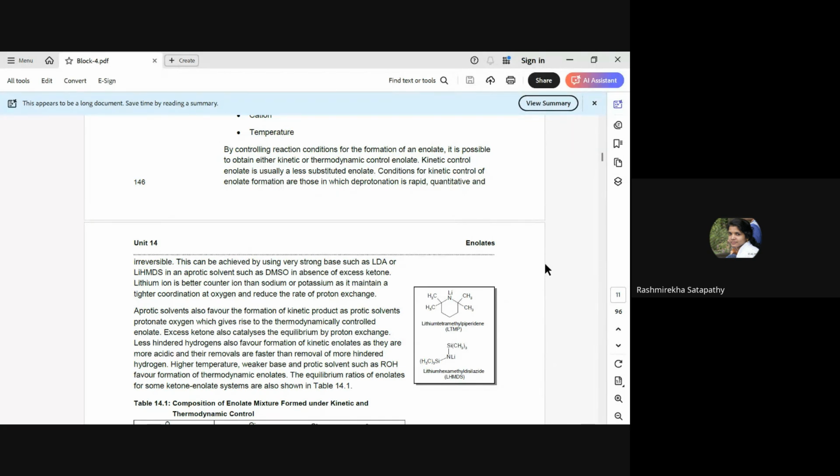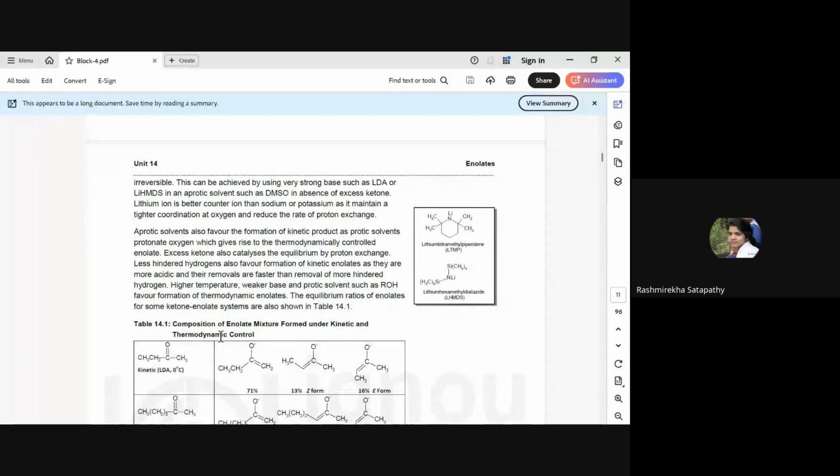This can be achieved by using a very strong base such as LDA or lithium HMDS in an aprotic solvent in the absence of excess ketone. Lithium ion is a better counter ion than sodium or potassium as it maintains a tighter coordination at oxygen and reduces the rate of proton exchange.